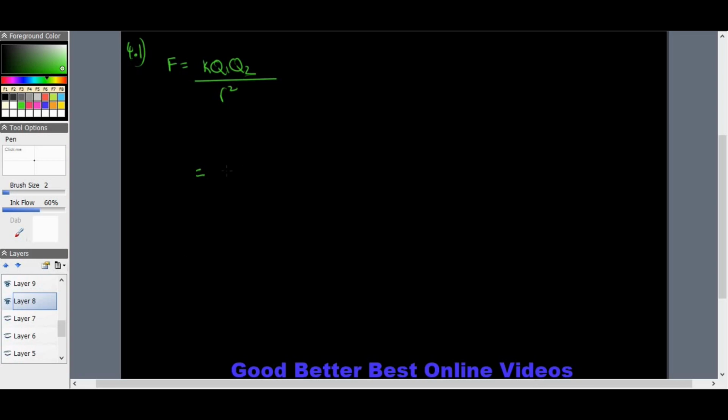So that is going to be 9 times 10 to the power of 9, Coulomb's constant, times 2 times 1.6 times 10 to the negative 19, and it's the same value because there's 2 alpha particles, so I'm going to square them instead of writing it out again. Otherwise you write it out like this. Let me just do it one time for everybody. 2 times 1.6 times 10 to the negative 19.